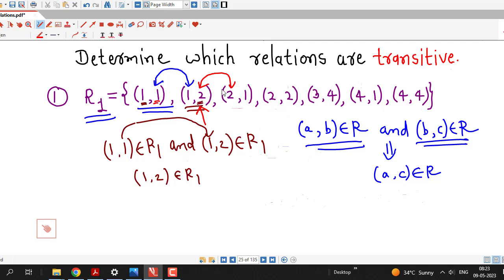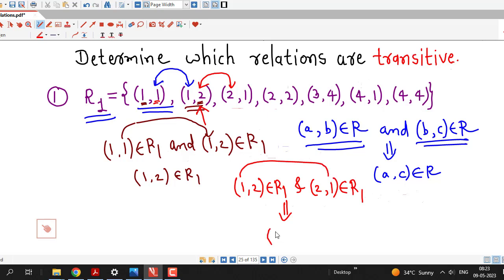For this we can see (1,2) belongs to R1 and (2,1) belongs to R1. If the relation is transitive, then we must have (1,1) belongs to R1. (1,1) is present here, so that is also satisfied.